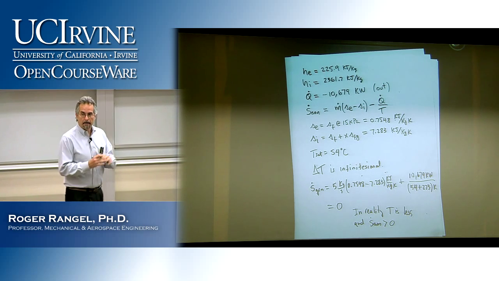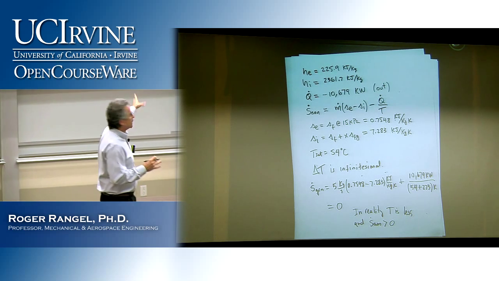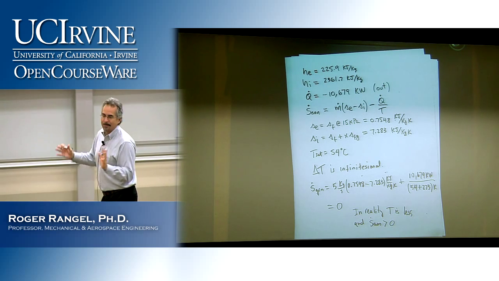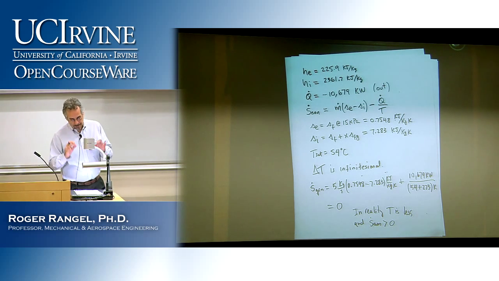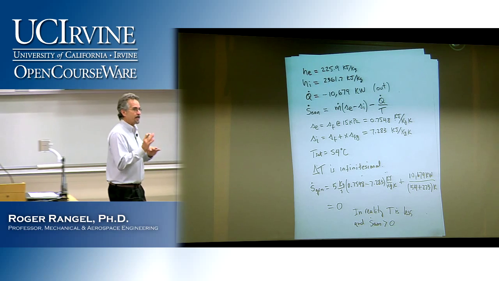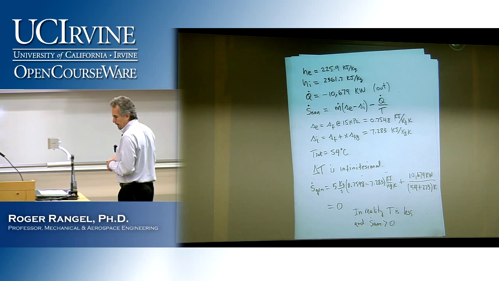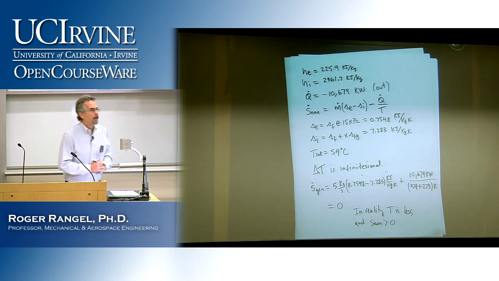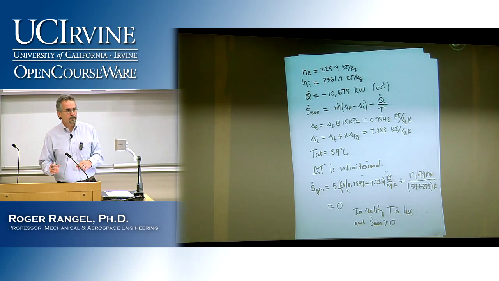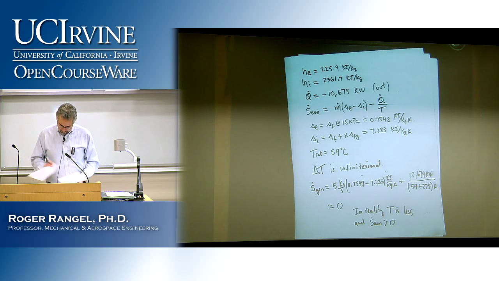But it says to use 17. So if you plug in 17 plus 273, then you get a positive number for the entropy generation. But I think it's better to show you this little nuance about when entropy generation happens and why in this problem. It's because of that. Okay, any questions? All right, so let's get that here.